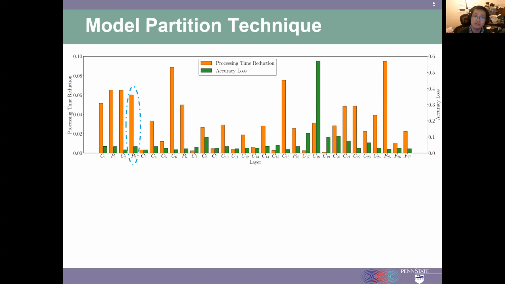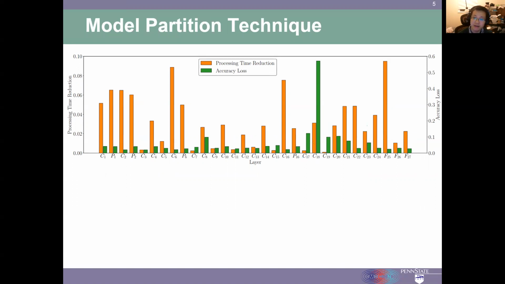Ideally, to perform model partition, we should move the layers like C6, which has long processing time reduction and low accuracy loss, from CPU to NPU to save the processing time. And we should run the layers like C17 on CPU since it has low processing time reduction and high accuracy loss.